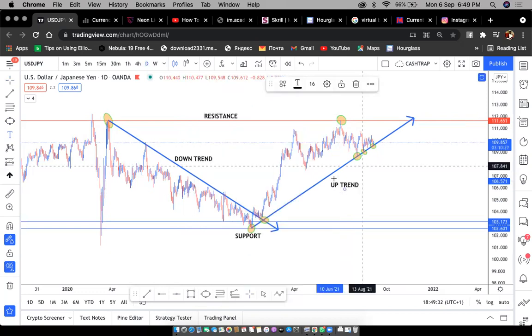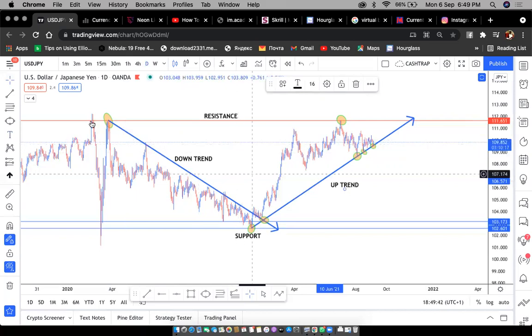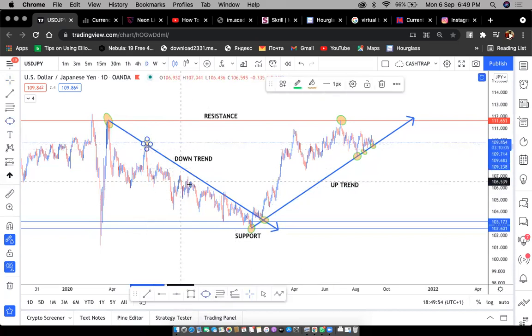Now, I believe you know what a trend is. A trend is either the downward movement or the upward movement of the market. When price is going down, what makes it a downward trend is that it makes a series of lower highs.